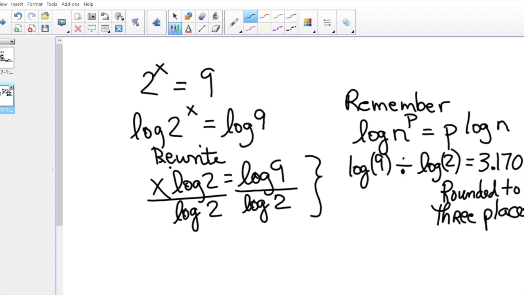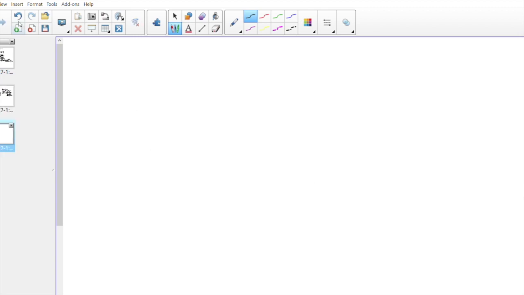So let's try another problem. Say log base 9 of 137. Now we're looking for the answer.